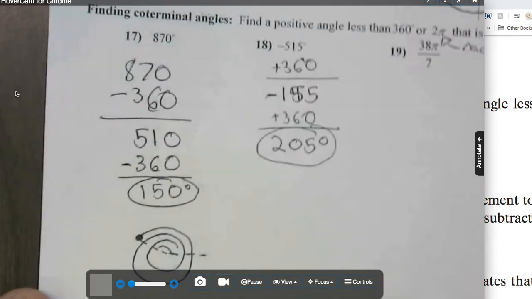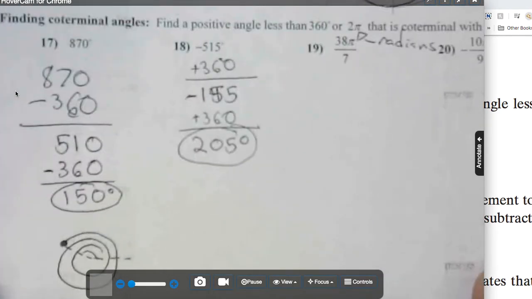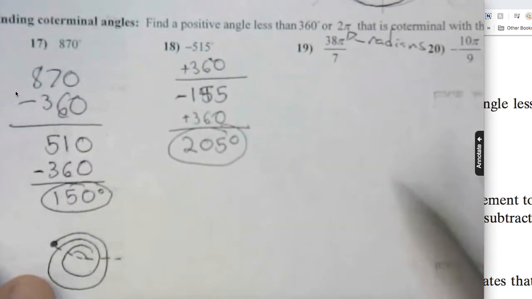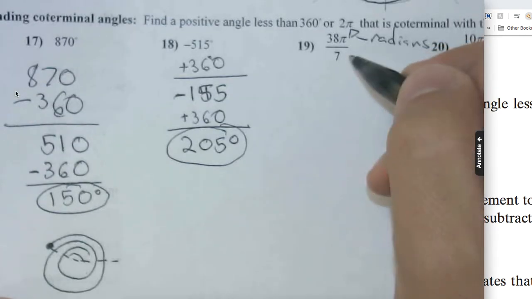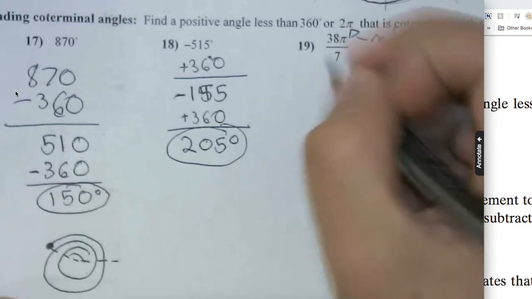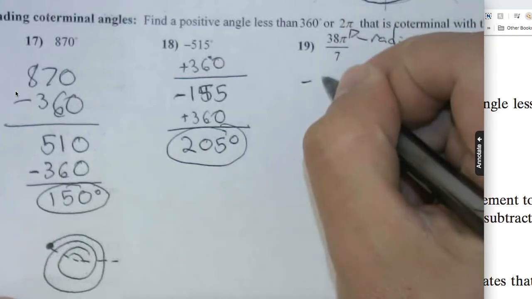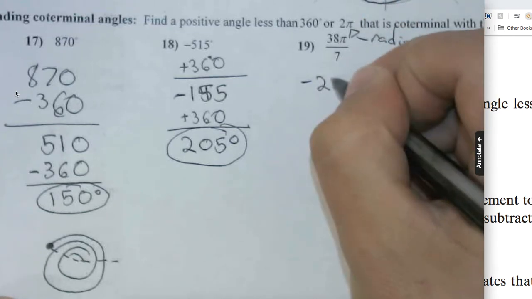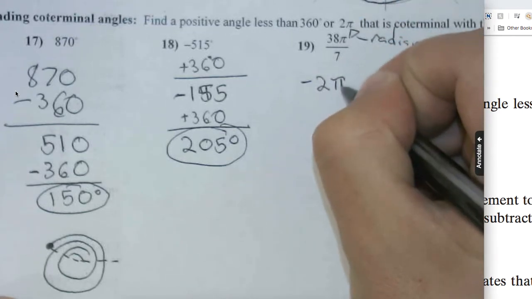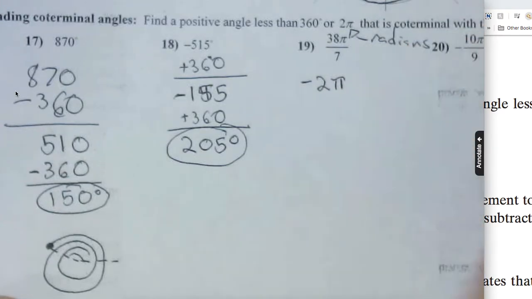With radians, this can be a bit tricky. So in this case, I would look at the denominator of 7, and I would think, I know that I want to deduct 360, or 2 pi in this case because we're in radians, so you're going to have to find a way to deduct 2 pi, but with the fraction.